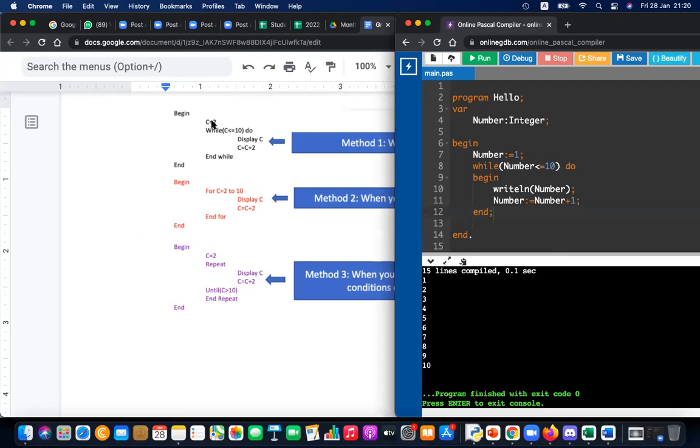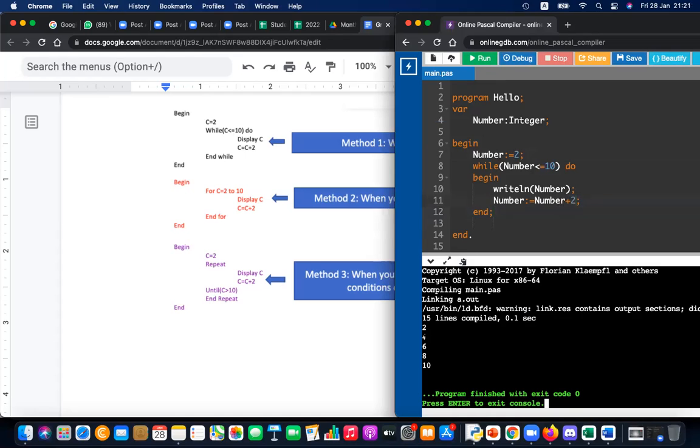So note that starting from 2 and going 2 by 2 is not the answer to the question that I have given. I have given numbers from 1 to 10. If you put 2 and 2 here, what will happen? It will print 2, 4, 6, 8, 10. It's printing even numbers.